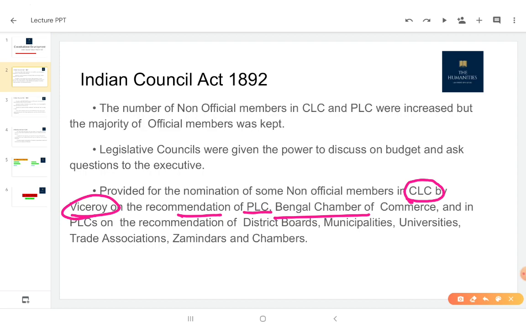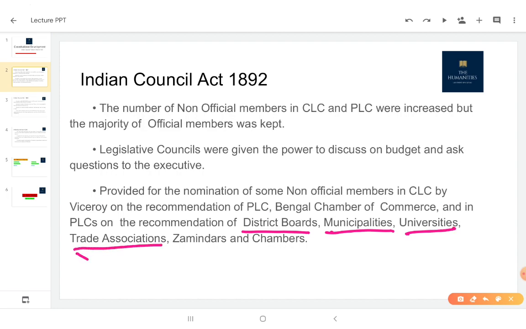And for the non-official members of the PLC, the recommendations were coming from the district boards, the municipalities, the universities, trade associations, zamindars, and the chambers of commerce. So these six associations were recommending them for the membership of provincial legislative councils to the governors or the chief commissioners of that time.